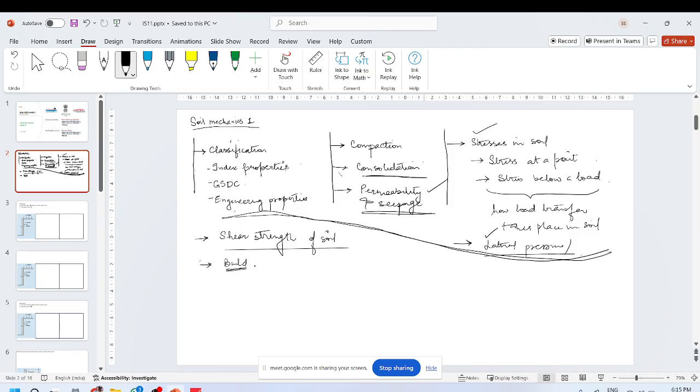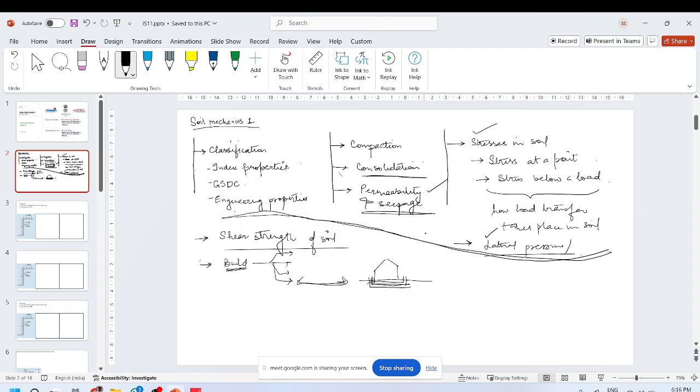So this has many sub branches. Our particular branch, geotechnical engineering, basically tells us that when we are building stuff over soil, how will soil behave? Will this soil bear the load of the structure that has been built?